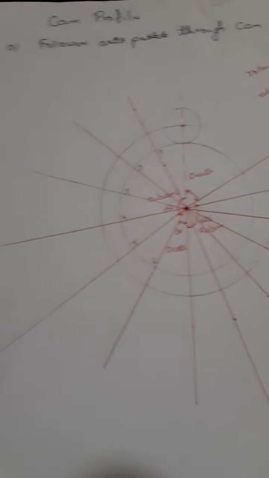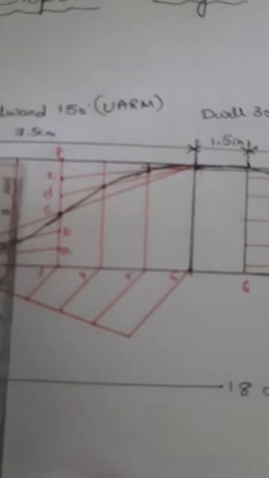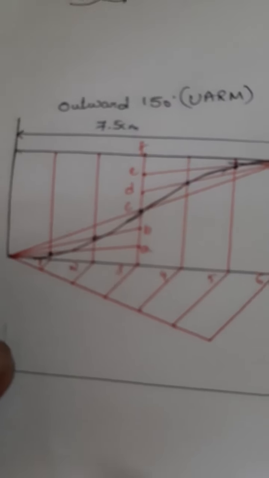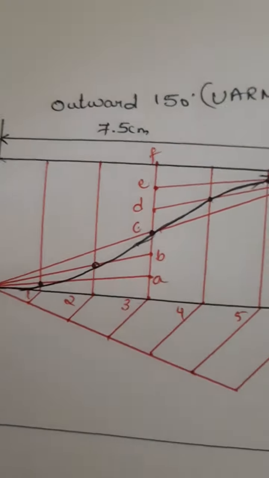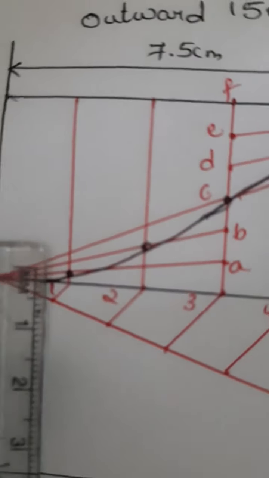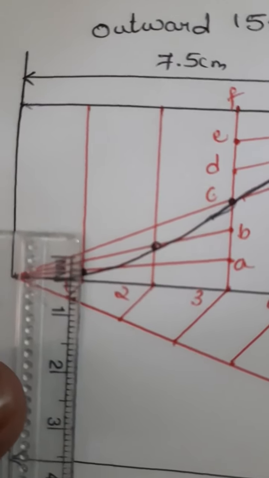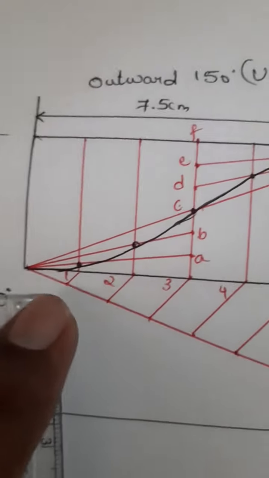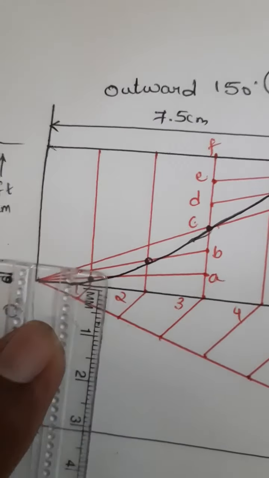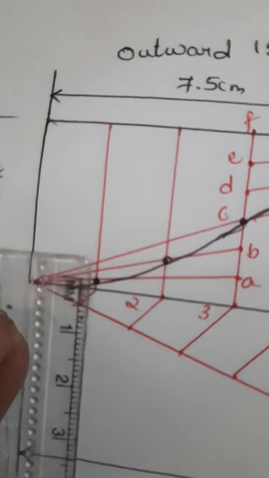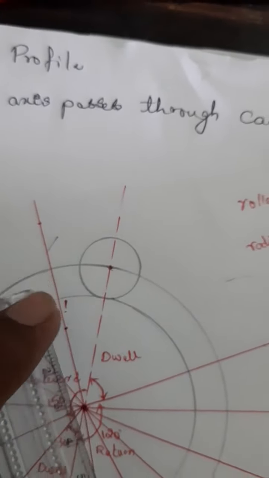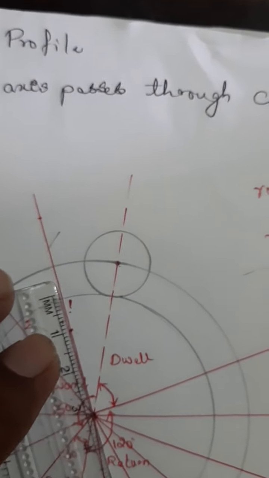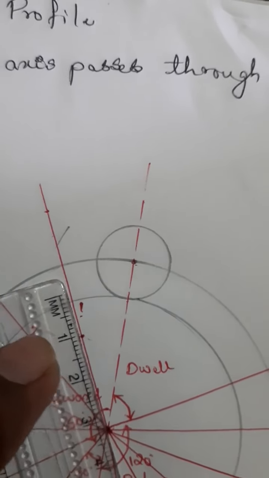For the outward motion, look at the displacement diagram. Measure this very small distance, 1 or 2 mm, and from the inner circle mark the point with 2 mm.